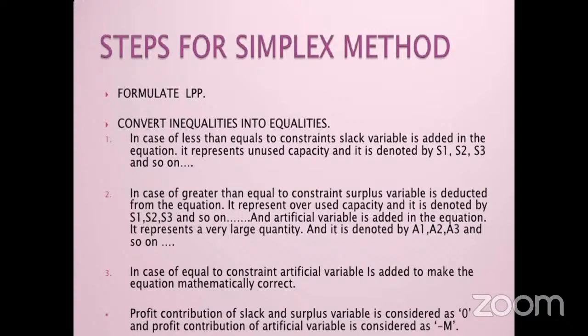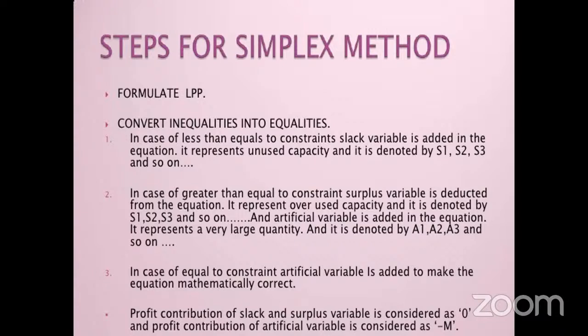Then profit contribution of slack and surplus variable is considered as 0. Profit contribution means nothing but when we are writing an objective function into simplex format, then we need to add the surplus variable and slack variables to the objective function with the coefficient as 0.